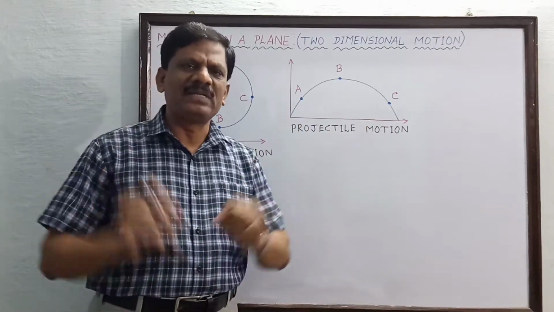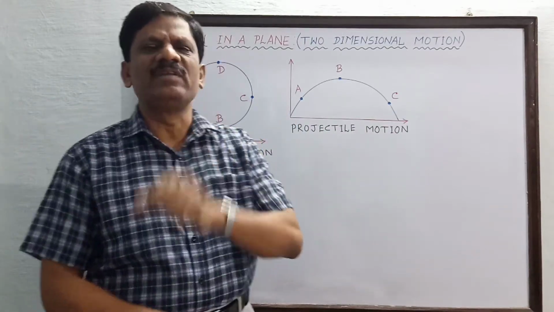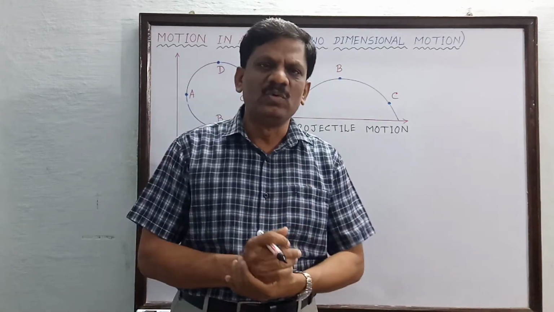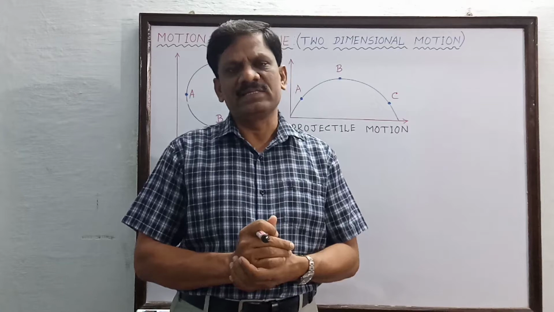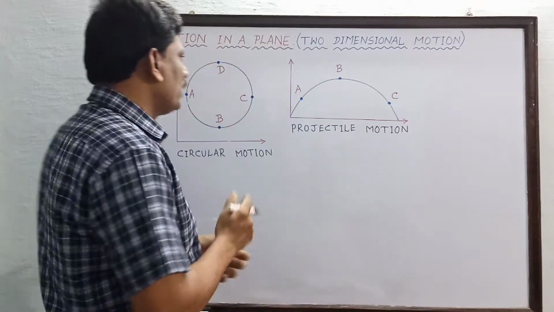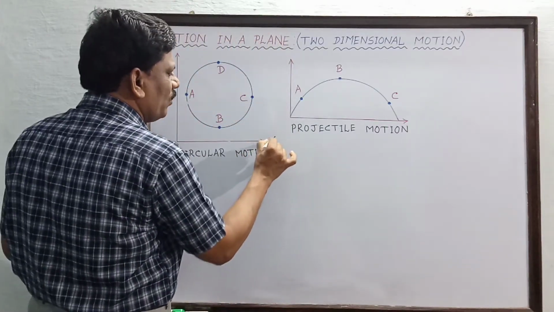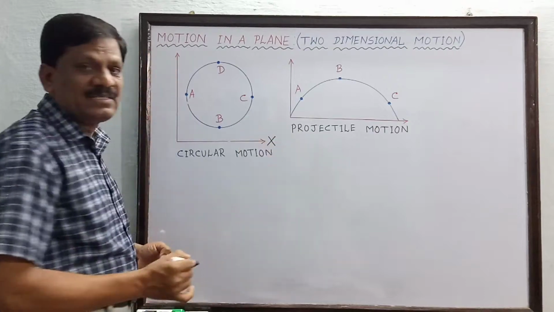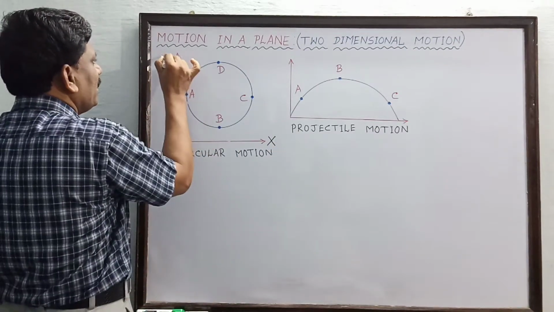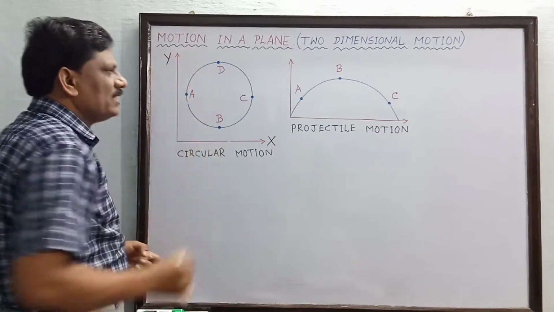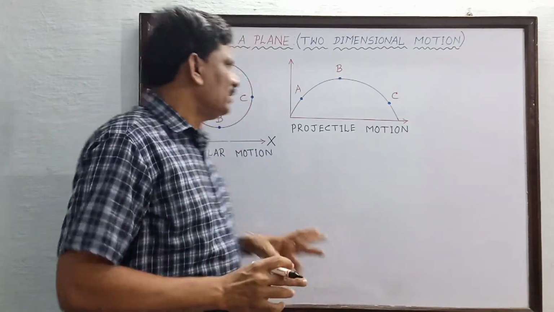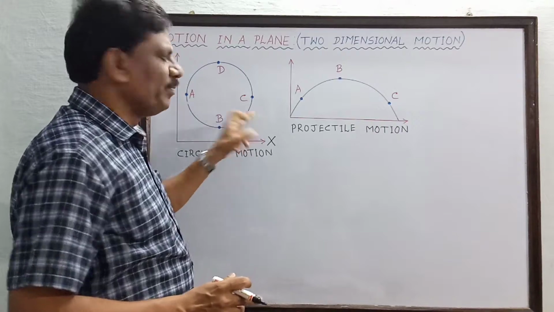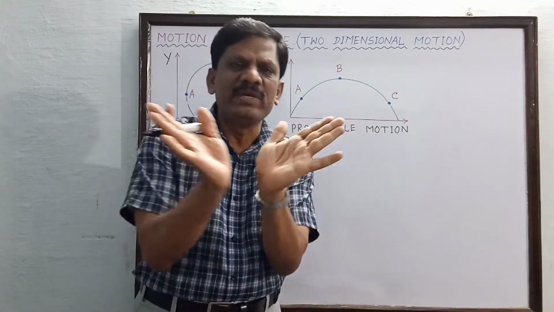Now I am going to represent the change in position of the particle with respect to the Cartesian coordinate x and y axes. So I am going to take two coordinate axes. One is the x axis, which is along the horizontal, and the other one is the y axis along the vertical. So now we see that the motion of the particle is taking place in an xy plane.